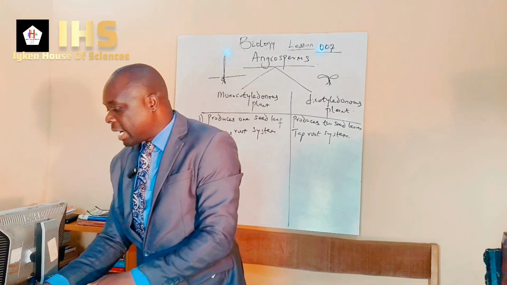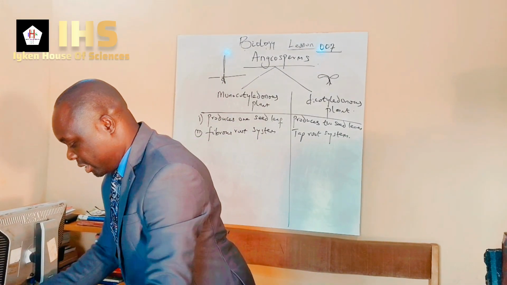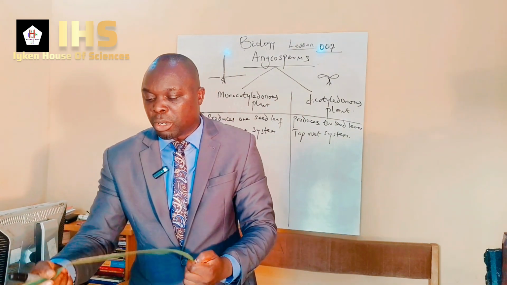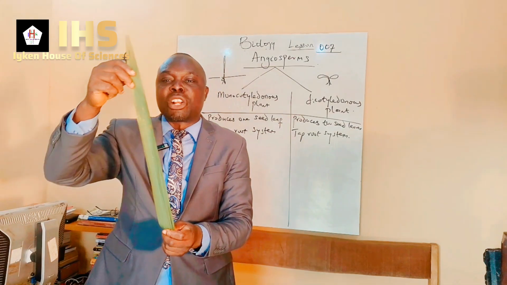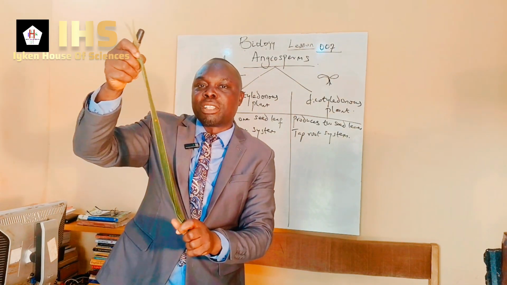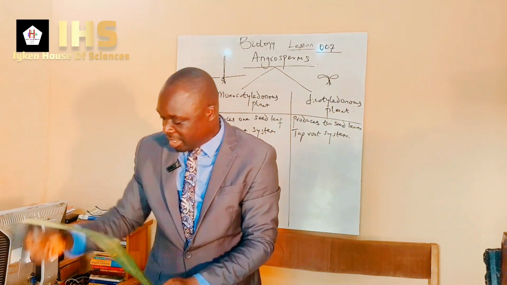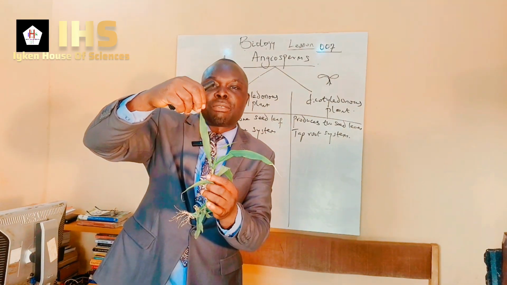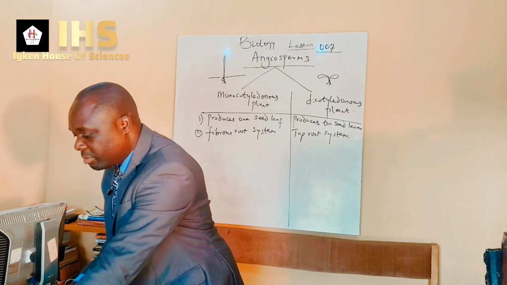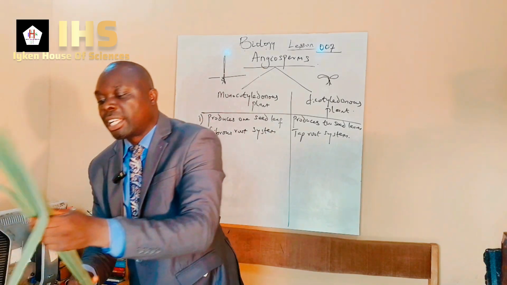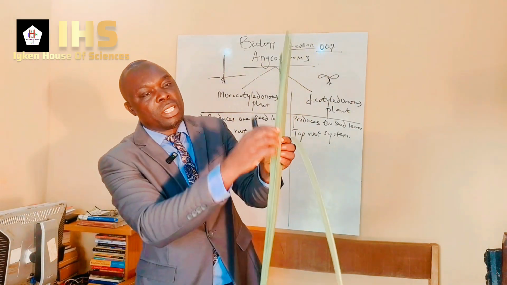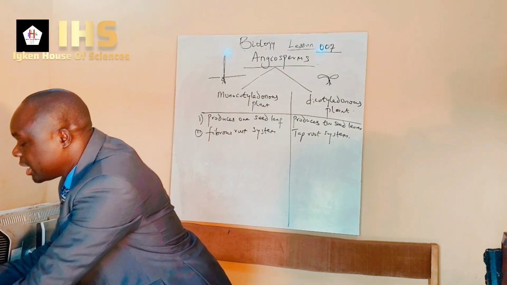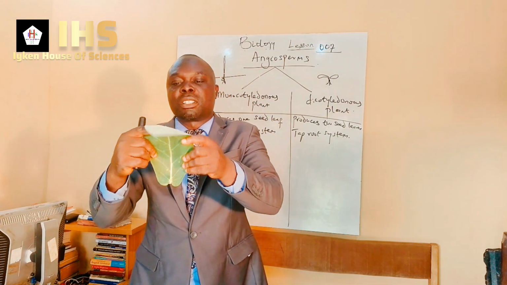The leaves are not the same. The leaves of the monocot, all the monocot leaves, are narrow. That's how we know them. But the leaf of the dicot is broad.